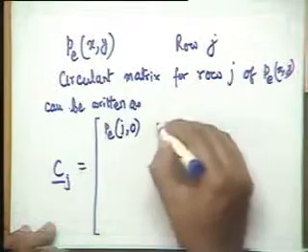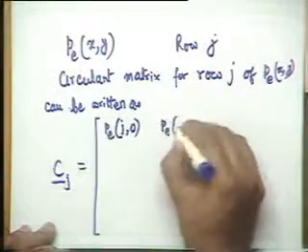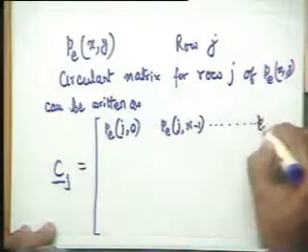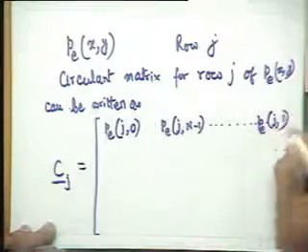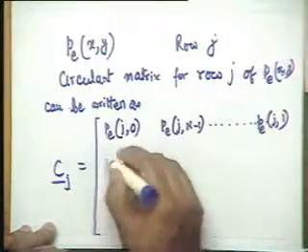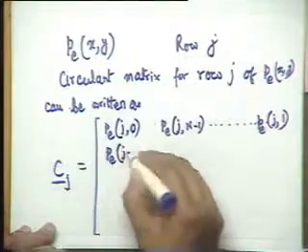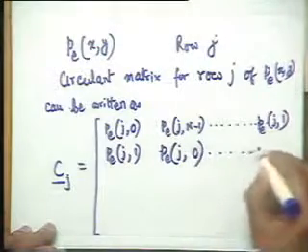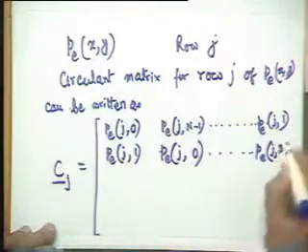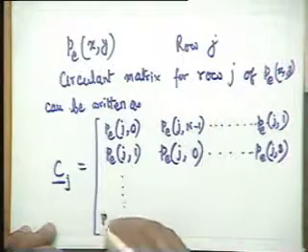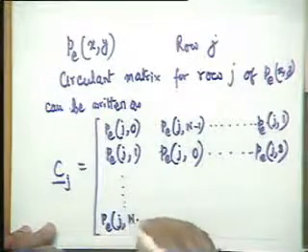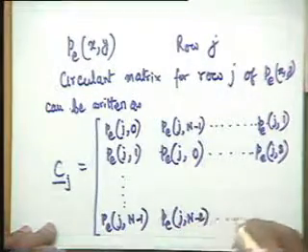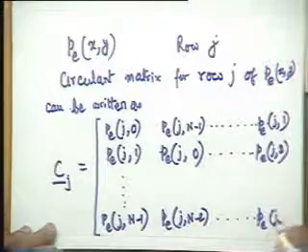The rest of the elements can be written as p_e(j,n-1), etc., up to p_e(j,1), and the next row will be p_e(j,1), p_e(j,0), p_e(j,2), and the last row will be p_e(j,n-1), p_e(j,n-2), up to p_e(j,0).